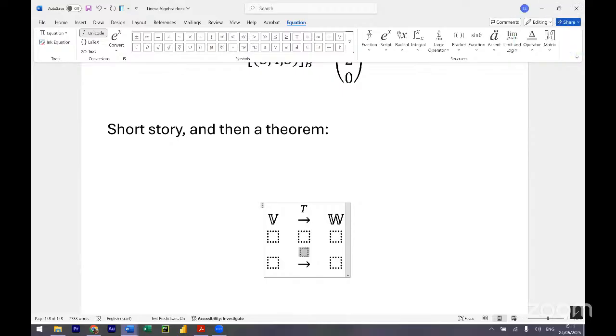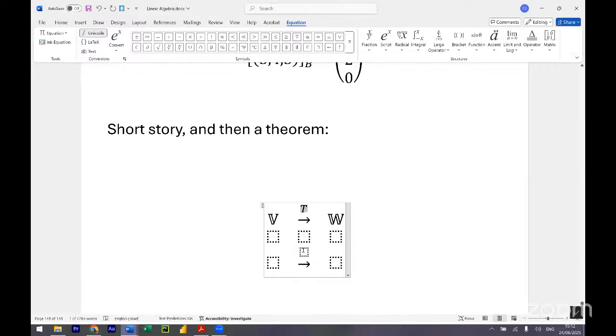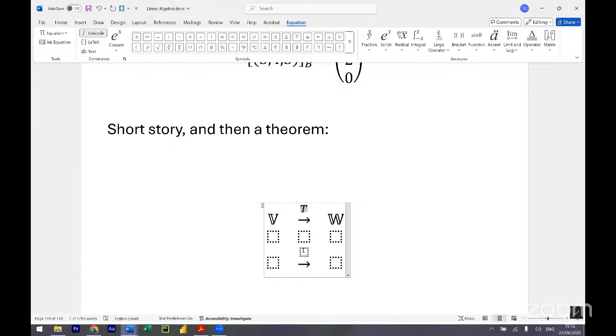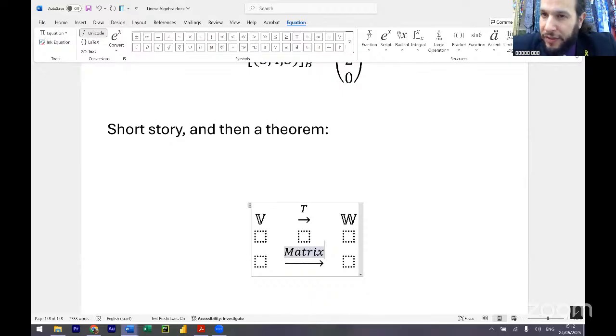Can you ask the question again? I wish to substitute the function T with something. What is the replacement? A matrix. So I want this to be a matrix.